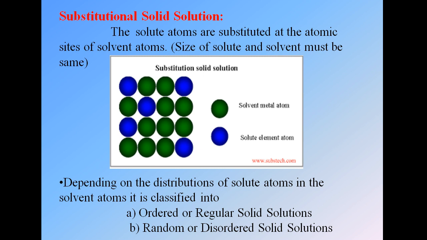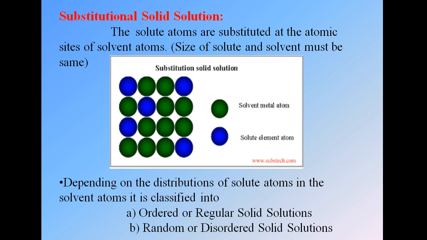Replacing means I am forming a solution, a solution of some solvent with some solute. After formation, in the figure you can see there are more green spheres and fewer blue spheres, because in a solution the solvent composition is always higher and the solute composition is less.